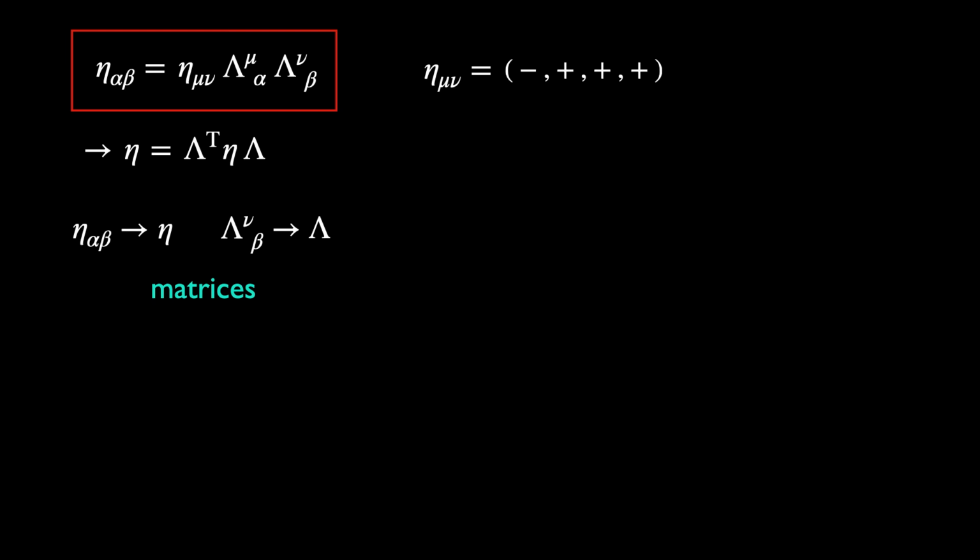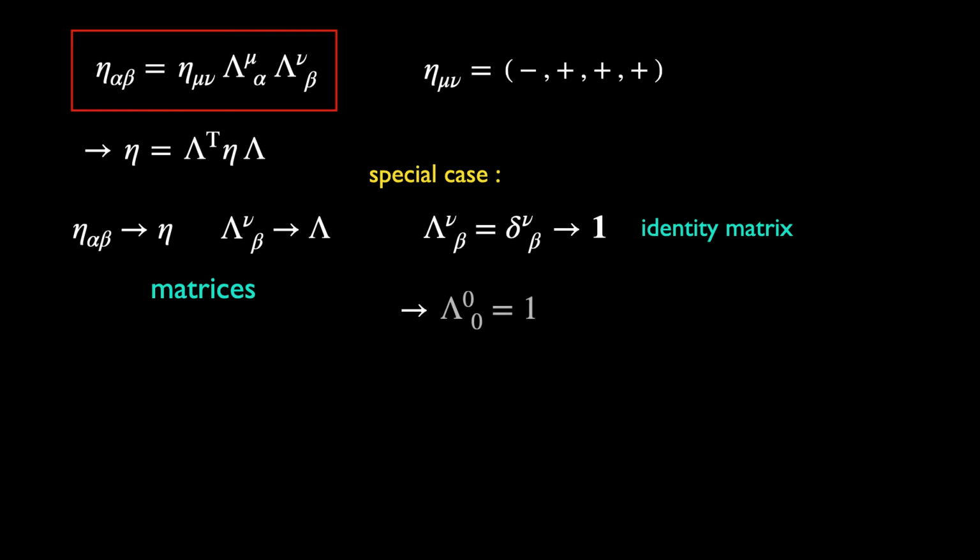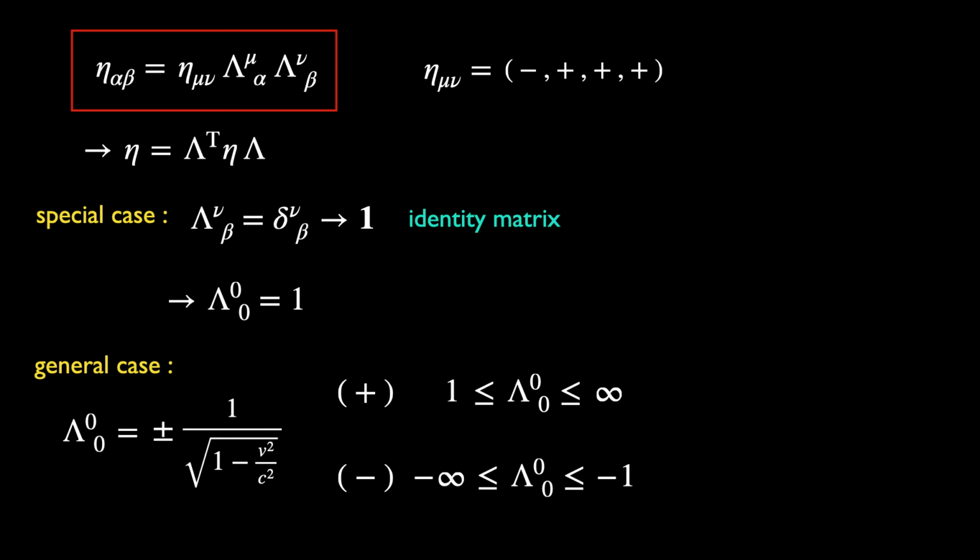In a special case, where the Lorentz transformation just relates the coordinates in a single frame back to itself, lambda is just the Kronecker delta, which is the identity matrix. For this case, the 0,0 component of lambda is just 1. This happens to lie within the domain of the positive branch and corresponds to the case of V equals 0, where O is stationary with respect to O prime.